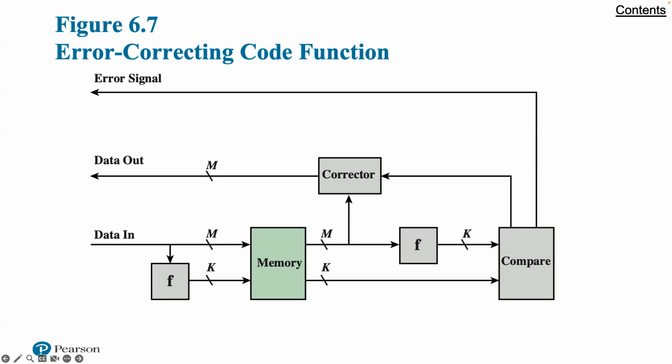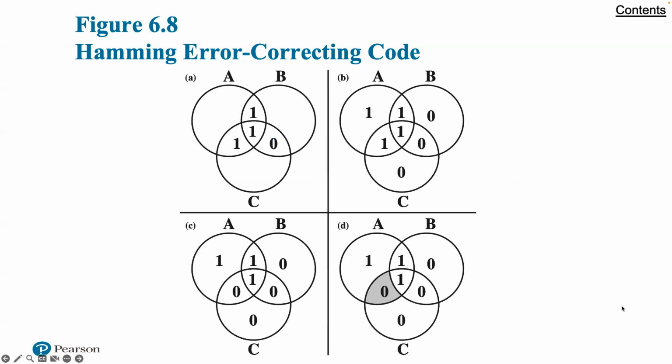A code is characterized by the number of bit errors in a word that it can correct and detect. So let's look at an example here. First of all, we'll talk about the Hamming error correcting code. The simplest of the error correcting codes is a Hamming code devised by Richard Hamming at Bell Laboratories. Figure 6.8, as we're showing here, uses a Venn diagram to illustrate the use of this code on a 4-bit word, m equals 4.